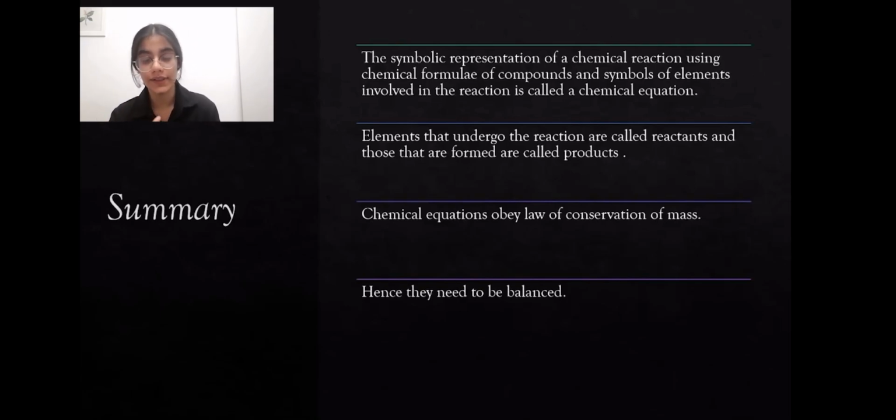Those that are formed during or after the reaction are called products. They come on the right hand side. Chemical equations obey the law of conservation of mass, that is, the number of atoms of each element must be the same on the right hand side and on the left hand side. Chemical equations need to be balanced.